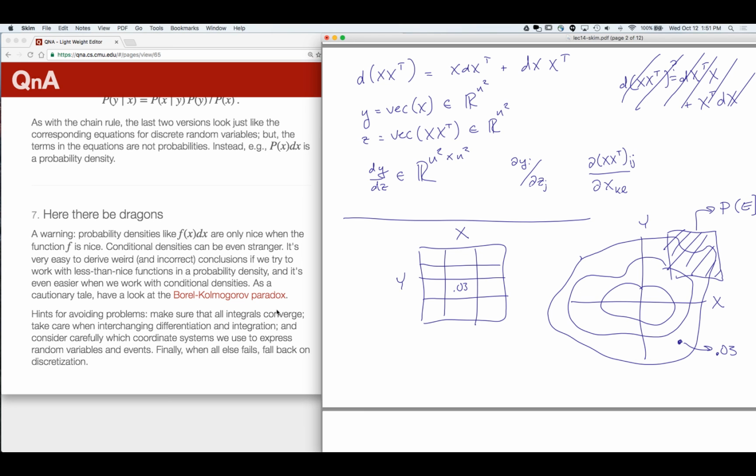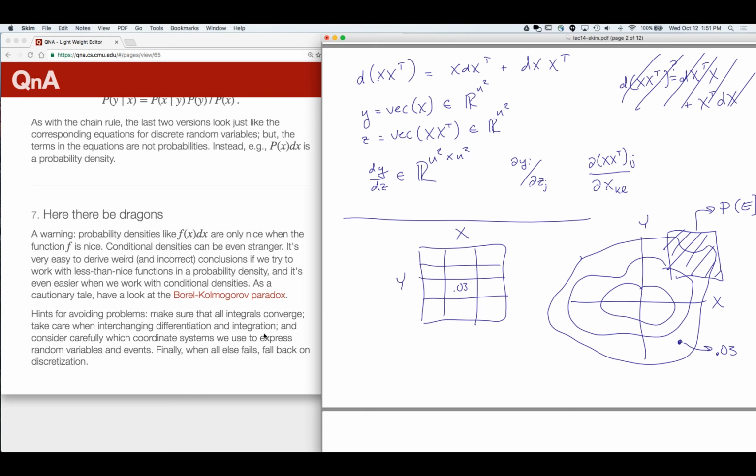And so I'm not going to talk about it here, but I encourage you to click on the link to the Borel-Kolmogorov paradox, which shows you all of the things that can go wrong if you're not very careful about how you work with continuous probabilities.